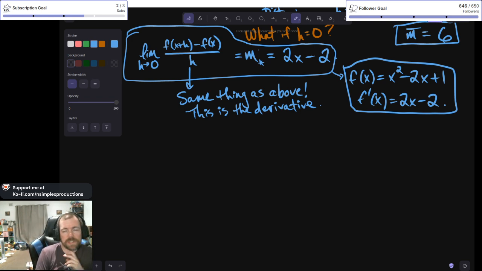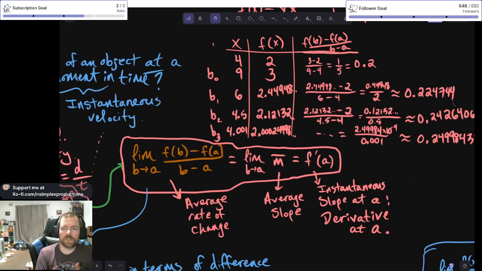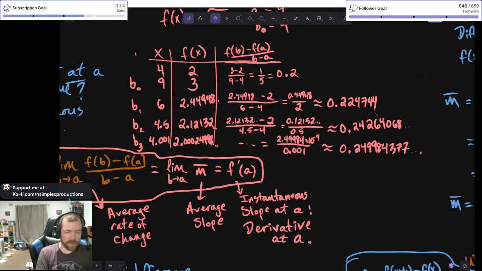So let's continue this by saying, hey, we did f of x equals the square root of x in this last one up here. Let's try to see if we can actually find the derivative, the value of the derivative at 4, and was it 0.25, like I said it should be.